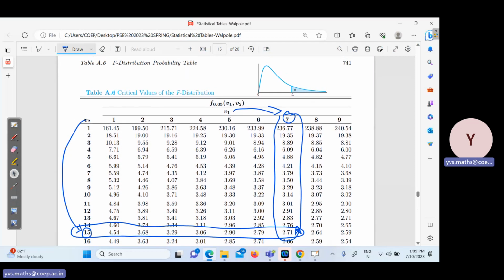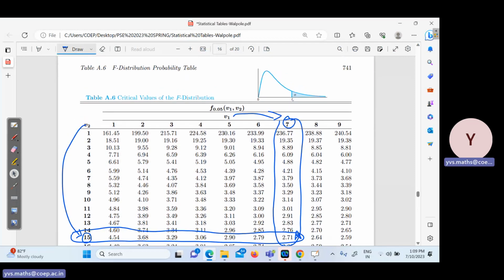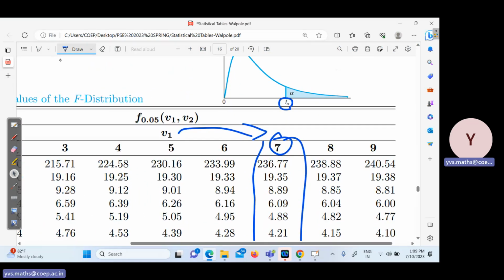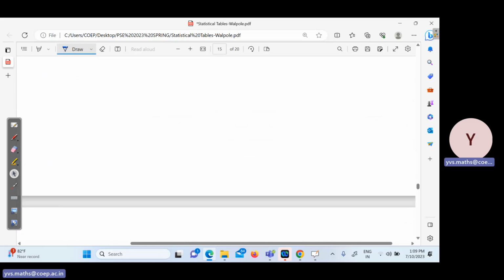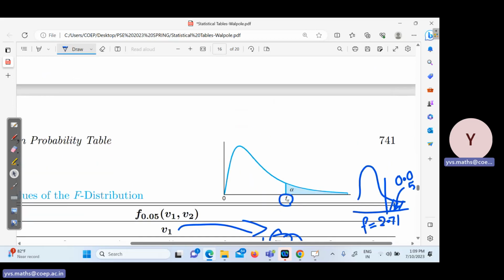Now look at this table, this figure above the table. It represents f alpha over here, right? What it tells you is that for 7 and 15 degrees of freedom, 2.71 is the f value which has its right hand side area to be 0.05.